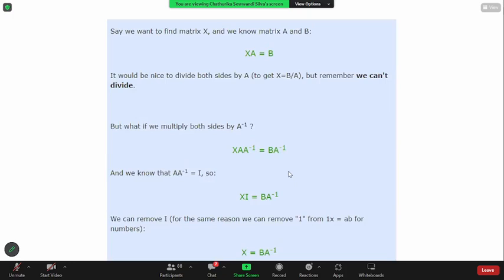Say we want to find matrix X, and we know matrices A and B. So let's consider a very simple equation.